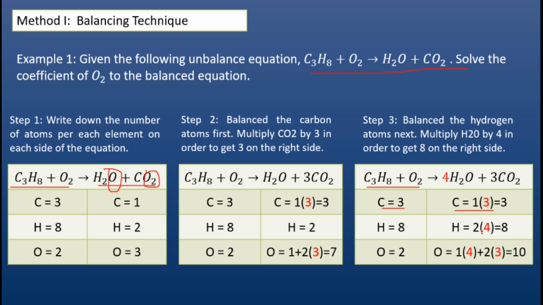Two atoms of hydrogen times 4 is 8, so we obtain the same number of H as on the left side.